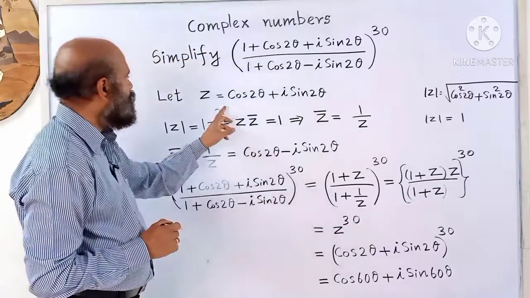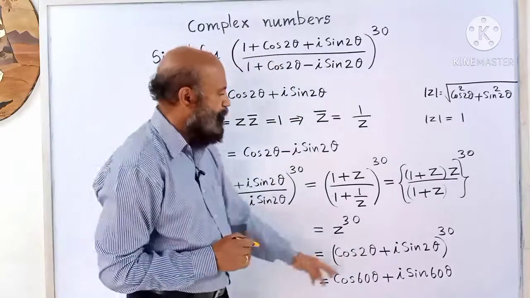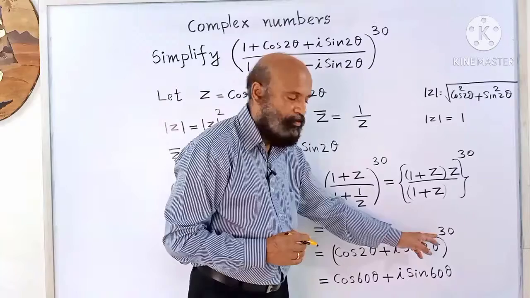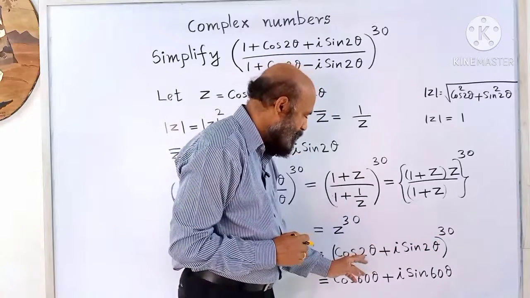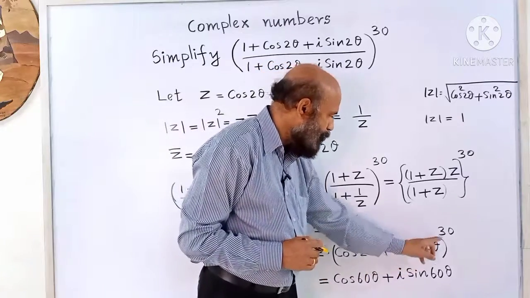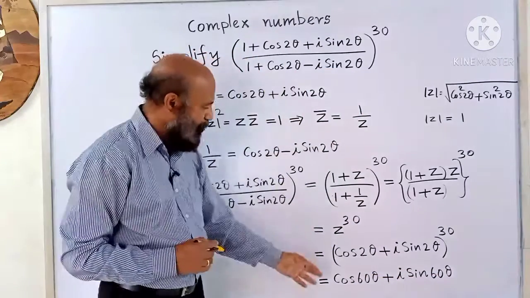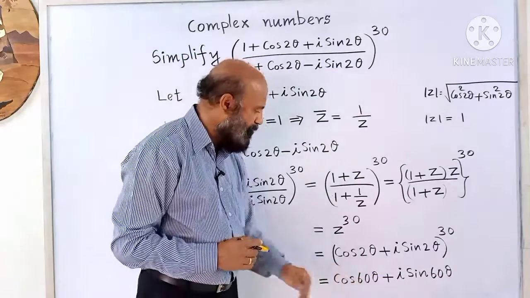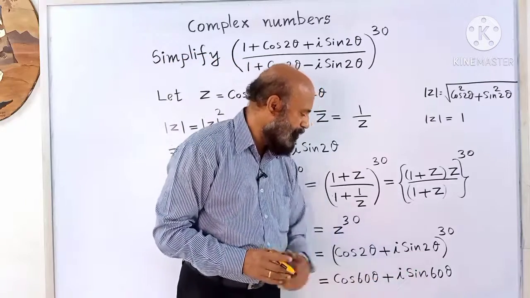Writing z as cos 2 theta plus i sin 2 theta, we can apply de Moivre's theorem. So this 30 can be written inside: 2 into 30, 60. After simplification you will get cos 60 theta plus i sin 60 theta.